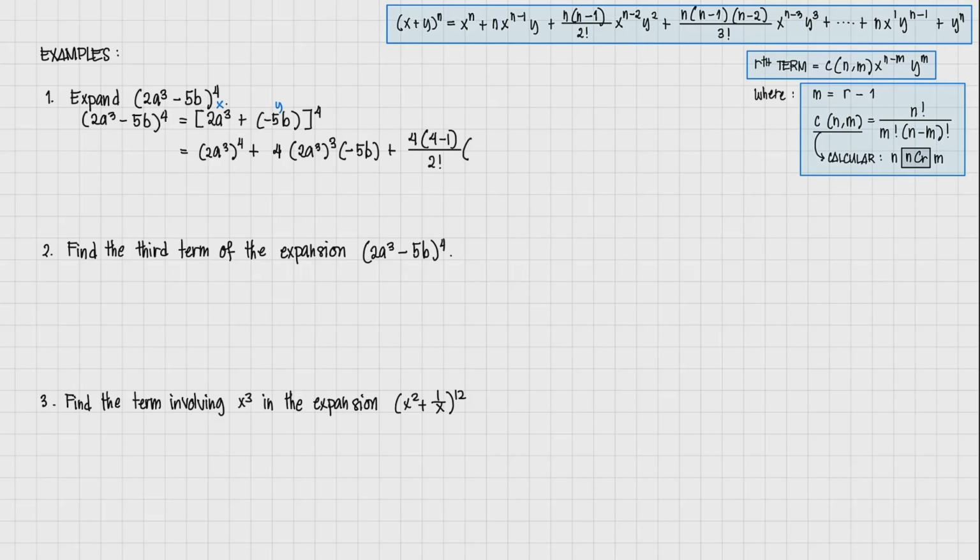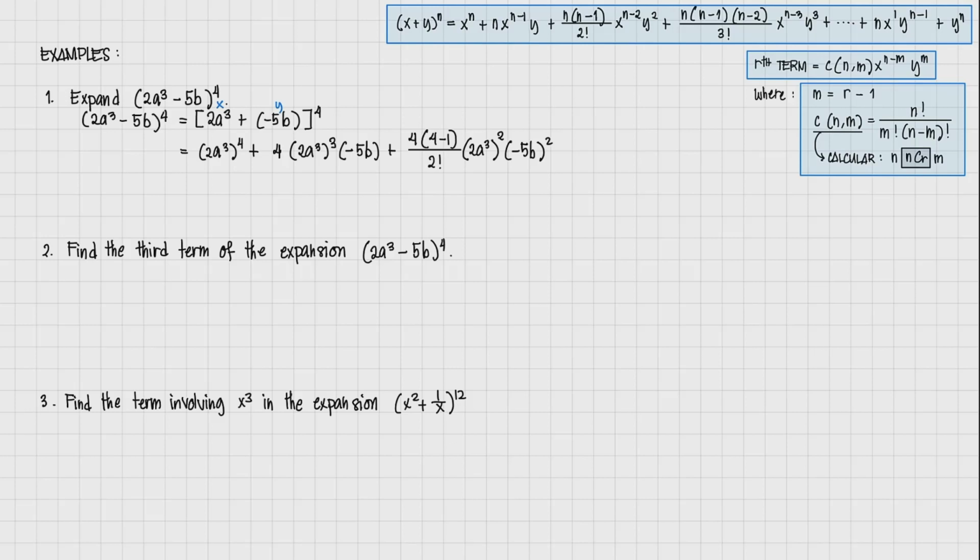Then for x natin, we have 2a raised to 3 raised to 4 minus 2, which is just 2, times y raised to 2. Oops, iba pala yung y natin. So yung y natin is negative 5b raised to 2.